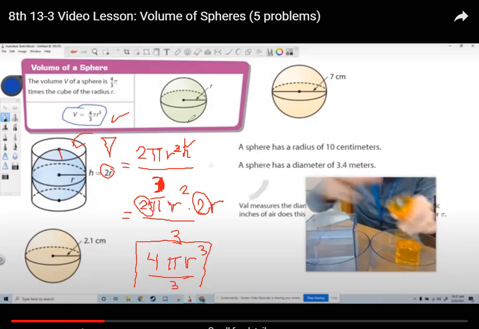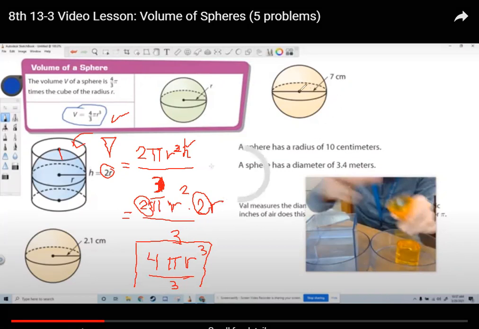Then we substitute the value of h by 2r because the height of the sphere equals 2r. Then we multiply 2 times 2 equals 4, and r squared times r equals r to the power of 3, divided by 3.